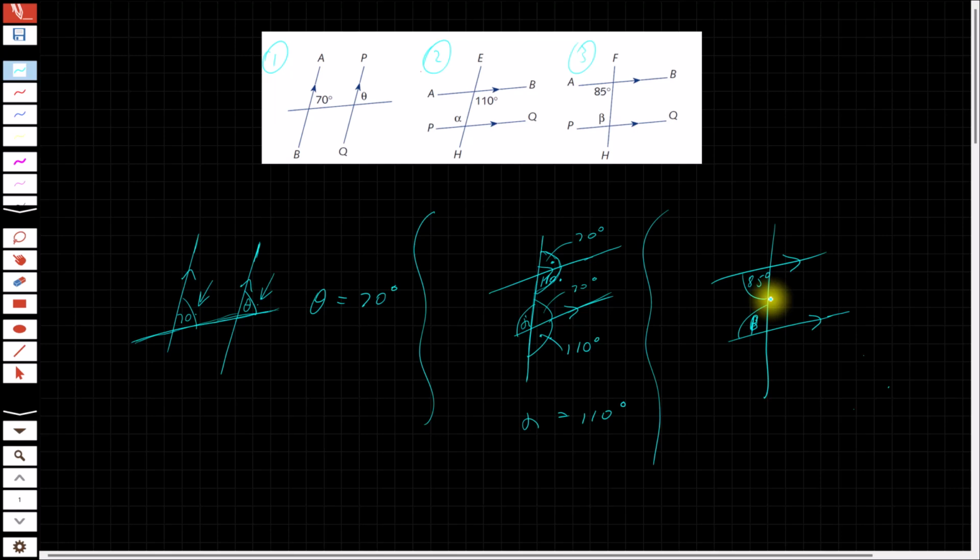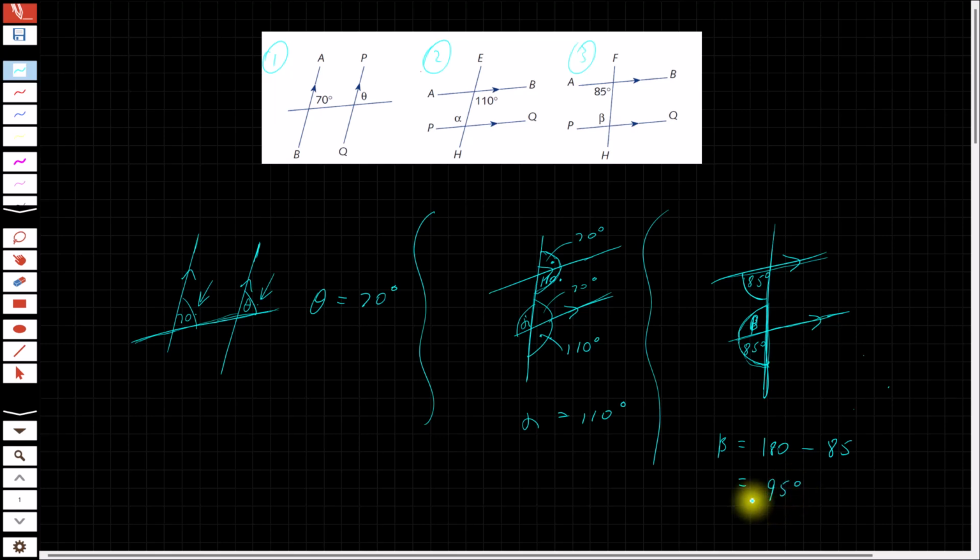Because we have this straight line cutting through, and a line here that's parallel with the line there, this angle here is going to be exactly the same as this angle here. And all the way around from here to there, because that's a straight line, is 180 degrees. So beta equals 180 degrees take away 85, which is equal to 95 degrees.